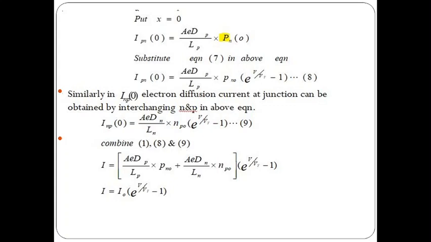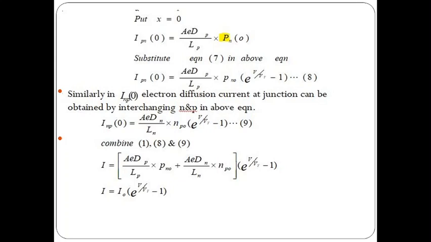This reverse saturation current is greater in lightly doped diodes, and in heavily doped diodes the reverse saturation current is very small. Ni is greater in germanium, so the reverse saturation current is more in germanium.